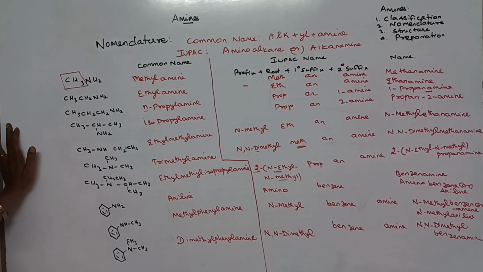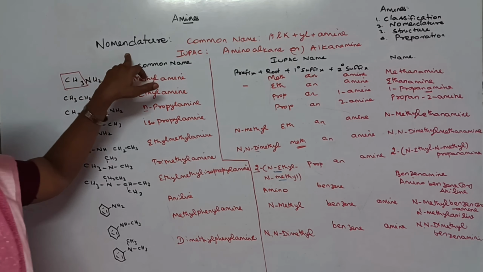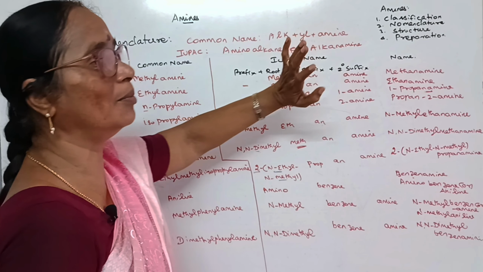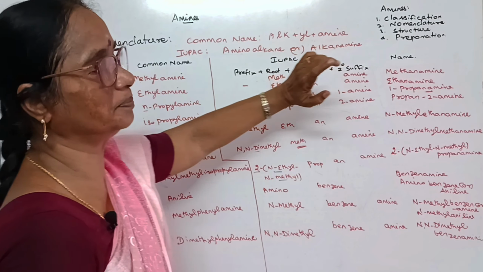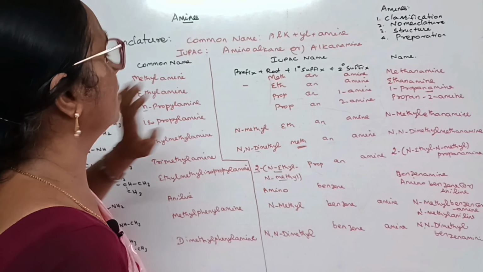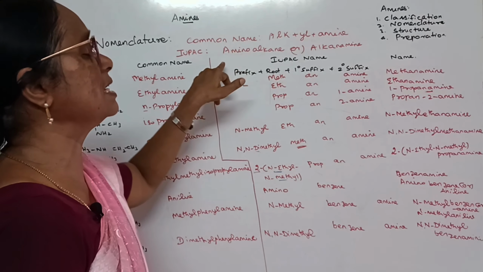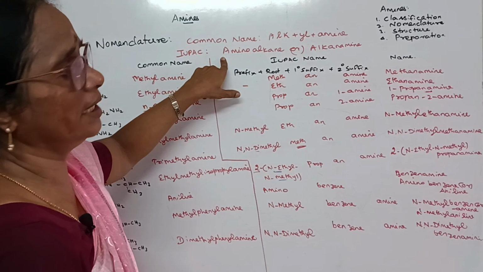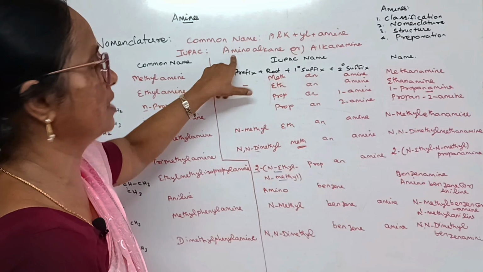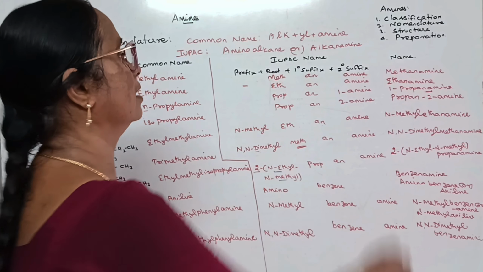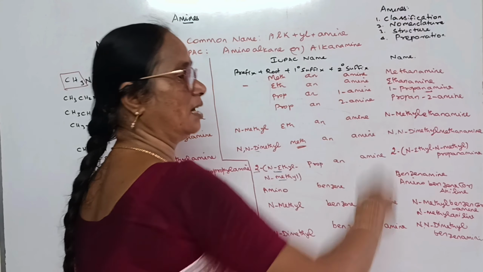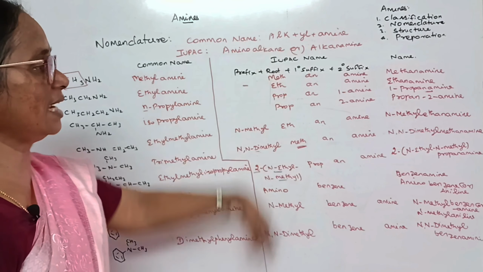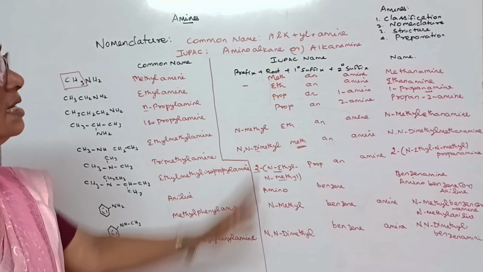Nomenclature of amines. In nomenclature, the common name is usually alk plus yl plus amine, so alkyl amine. In IUPAC, you can take the amine group as the prefix or the suffix. When you take amine as prefix, the name is aminoalkane, or if amine is taken as the suffix, it is called alkane amine. Most of the names I have given in suffix only.